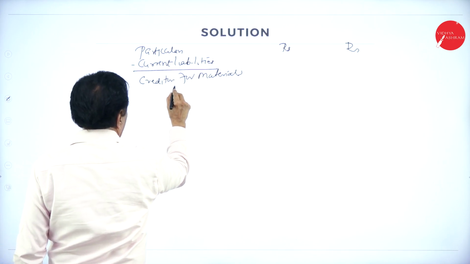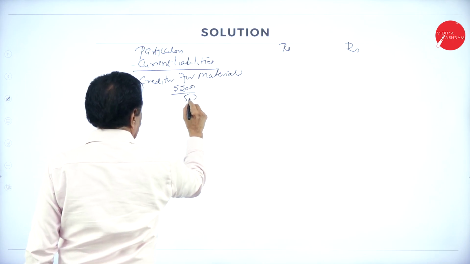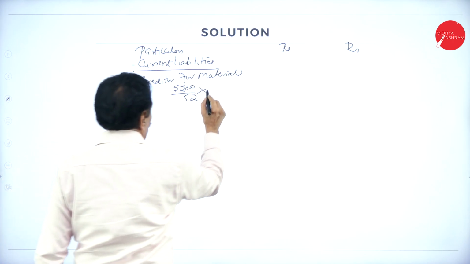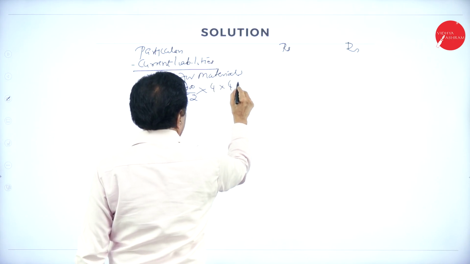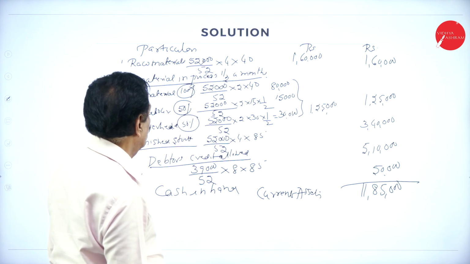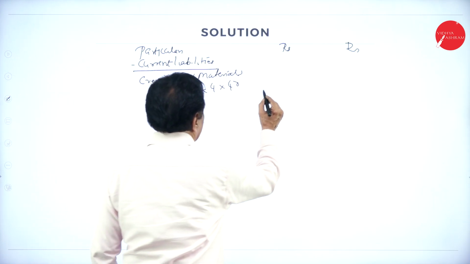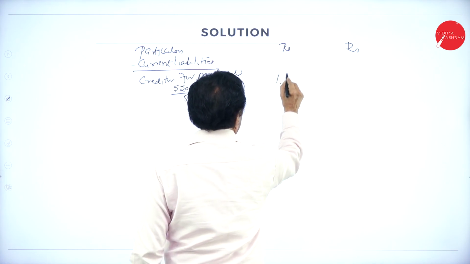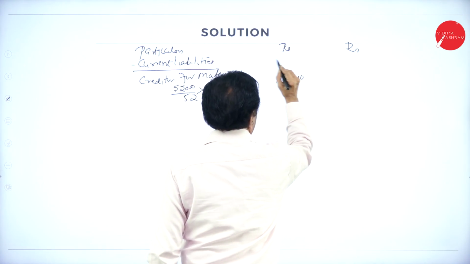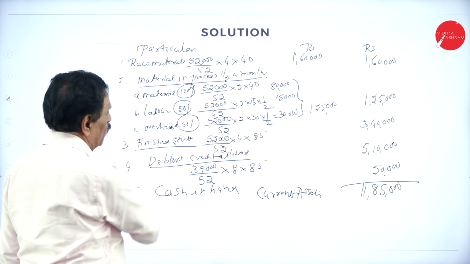So this is 52,000 divided by 52, 1 month means 4 weeks, into 40 rupees. Same thing what you have done: 52,000 into 4 is 1,60,000. That is the current liability. I'll go to the back side.